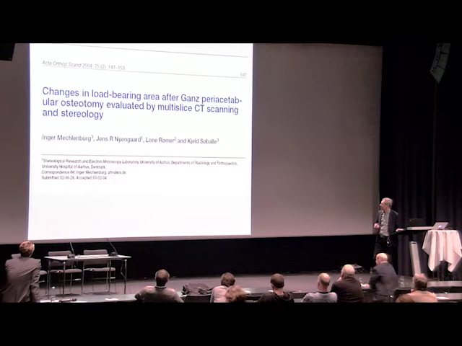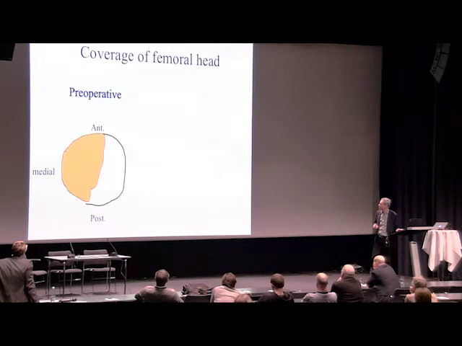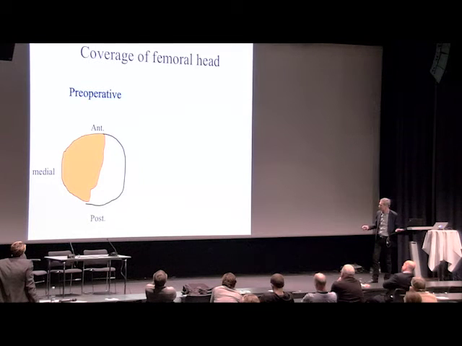I just brought a few studies I'll show to you, published 10 years ago, where we did CT scan of patients pre and post-op and measured the coverage. This is the femoral head, and the orange area is the acetabular coverage of the femoral head. Because of dysplasia, the patient lacks coverage on the lateral part of the femoral head.